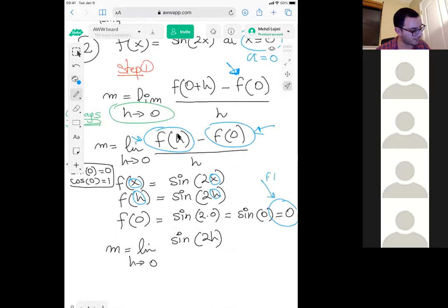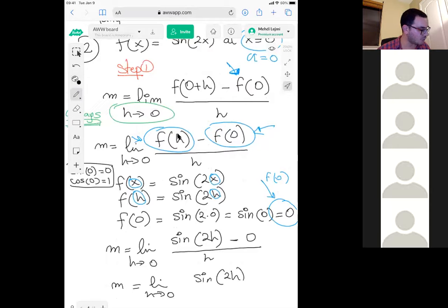That's my f of 0. So sine of 2h minus 0 over h. So m would be just the limit as h goes to 0 of sine of 2h over h.